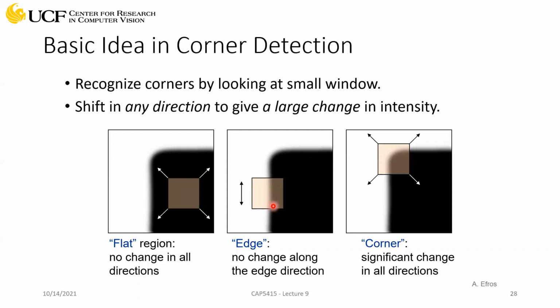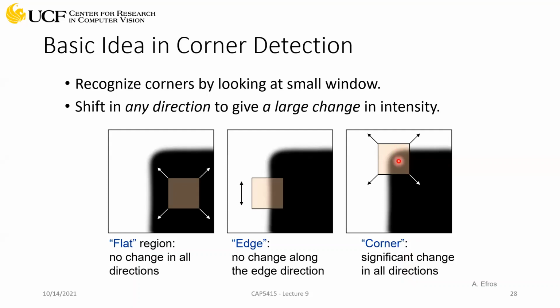But what if you have a corner? This is the special case, and this is something which we are interested in. We don't care about flat regions because these are not interest points and these are not corners. And again, an edge is not a corner, and it's not a flat region as well. So these two are not of interest. But if you look at the corner, it doesn't matter which direction you shift your window, your intensity will always change.